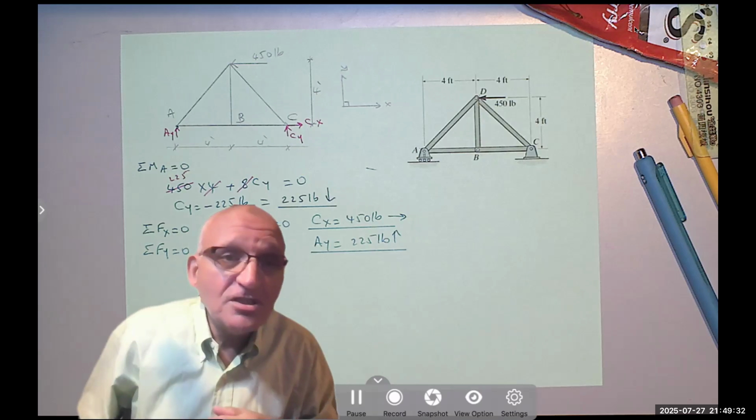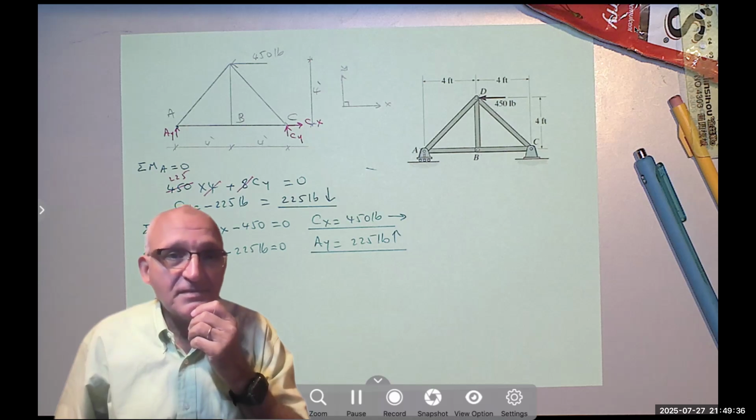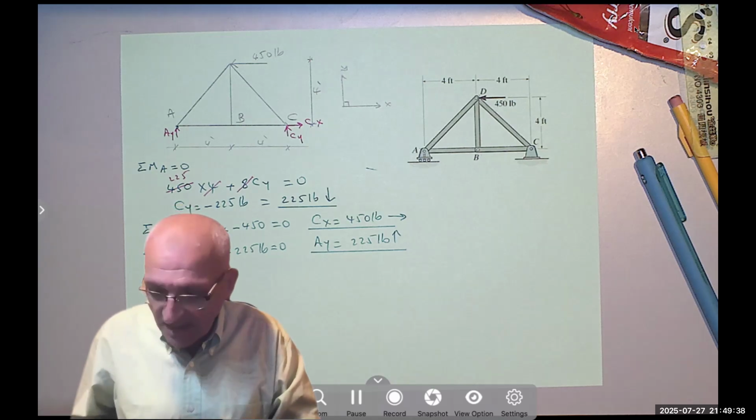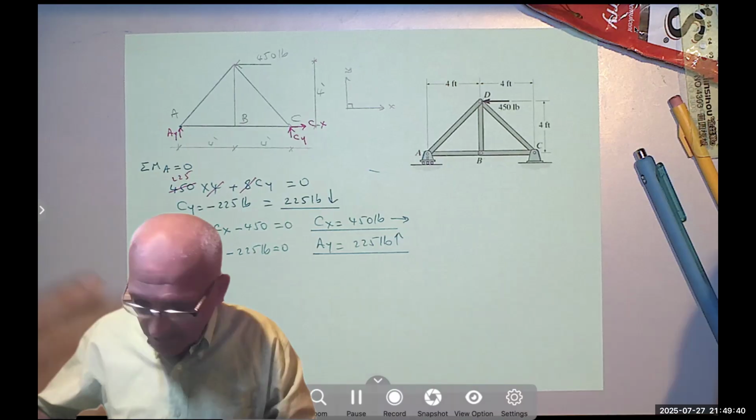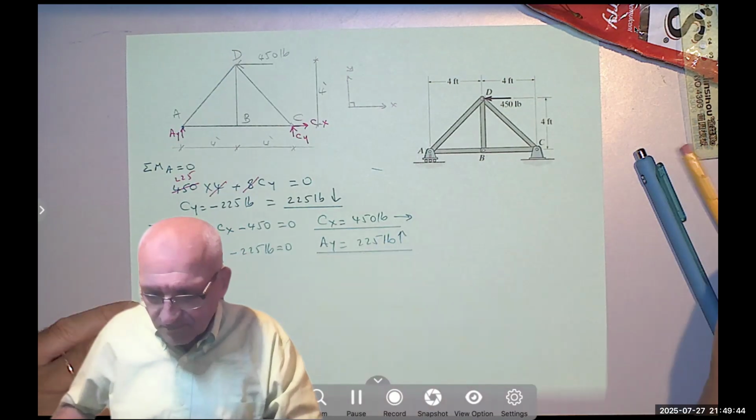I mentioned earlier we have something called zero force members. Where is a zero force member? It's member BD. Why is BD a zero force member?